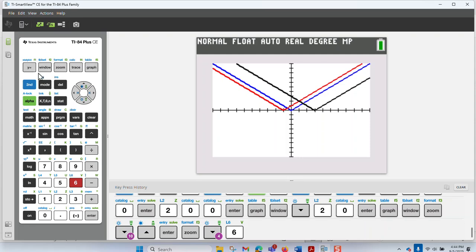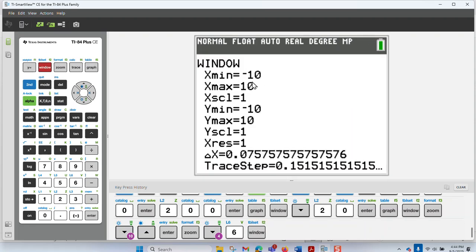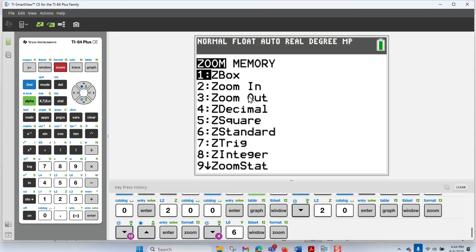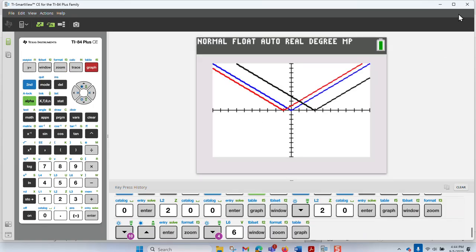So whatever the window standard, so that's the default. All right, so you can zoom in, zoom out, or you can zoom square, or you can zoom to the standard. If you are graphing y equal to sine or cosine in trigonometry, you use zoom trig, right? That way. All right. So those are the things that you can use for the calculator.